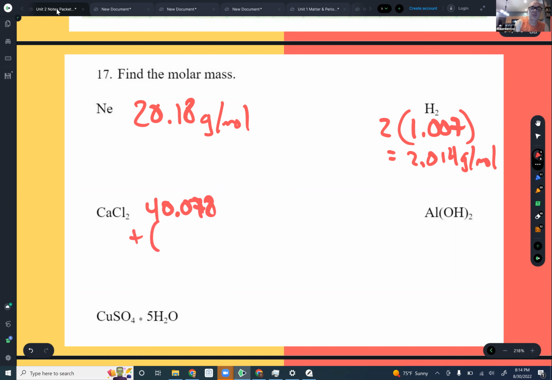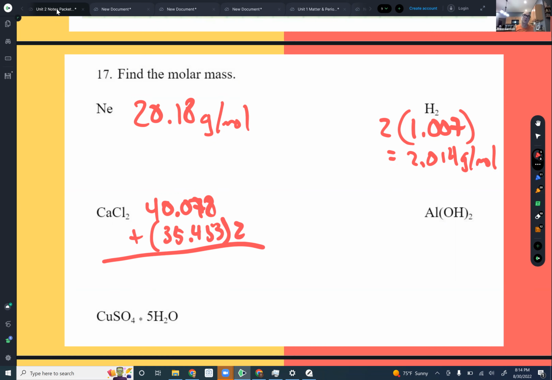But there are 2 chlorines. So it would have to be 35.453 times 2. I went and looked up the weight of chlorine, 35.453 times 2 plus 40.078. My total weight is 110.984.